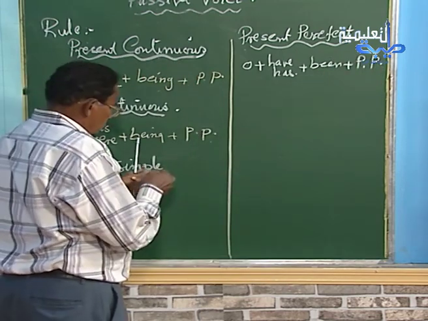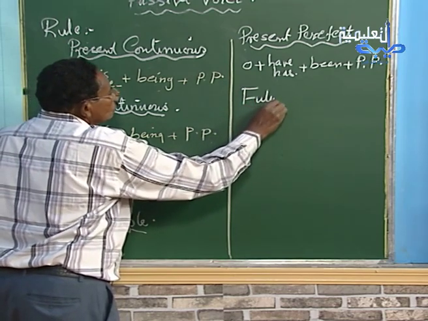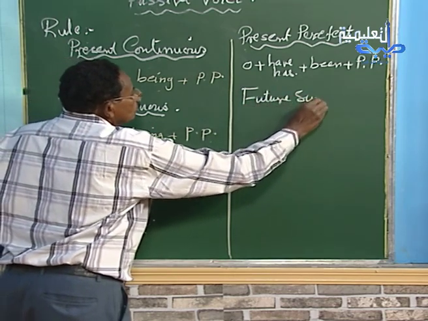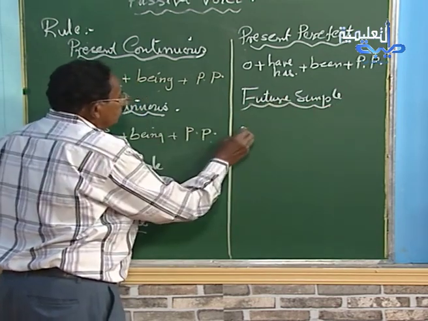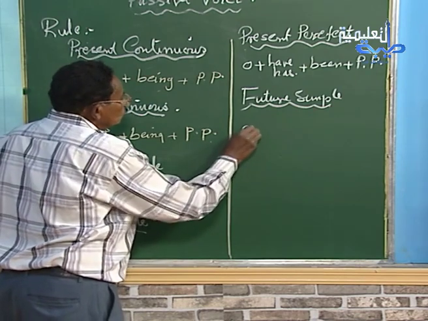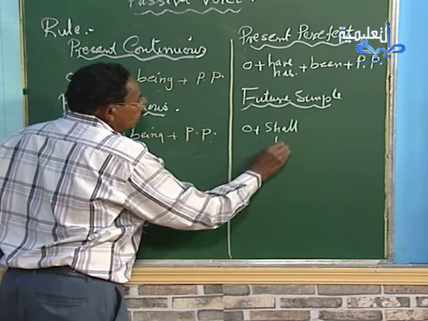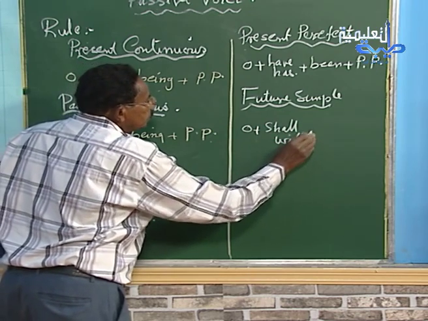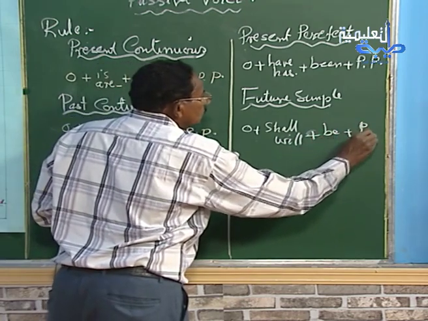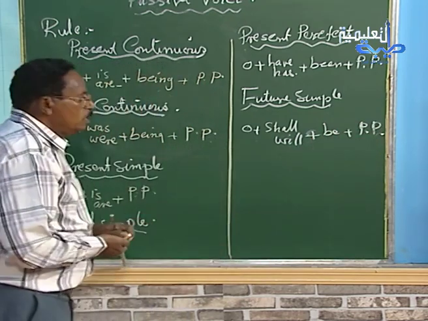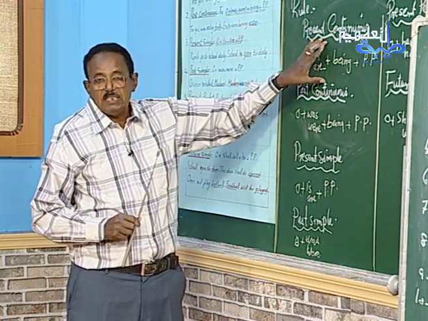For the future simple, object plus shall or will plus be plus past participle. The important thing that you should do is to keep these rules.